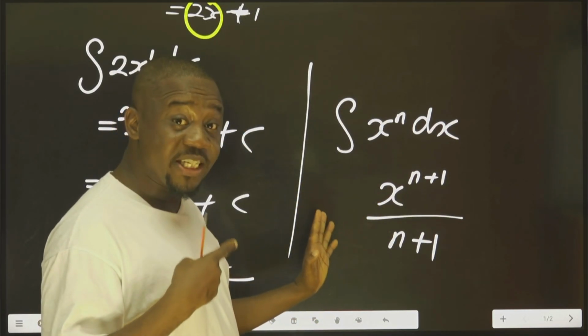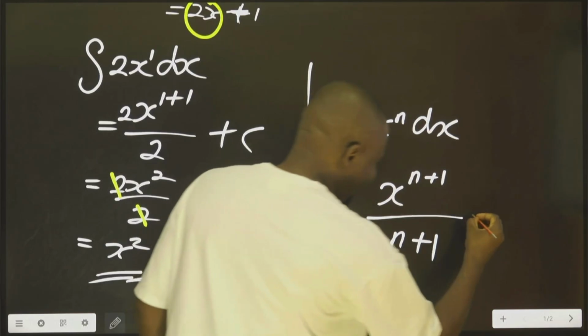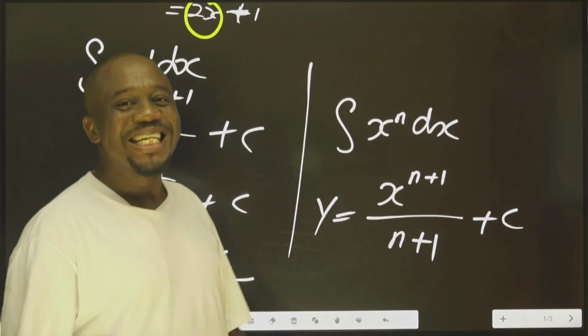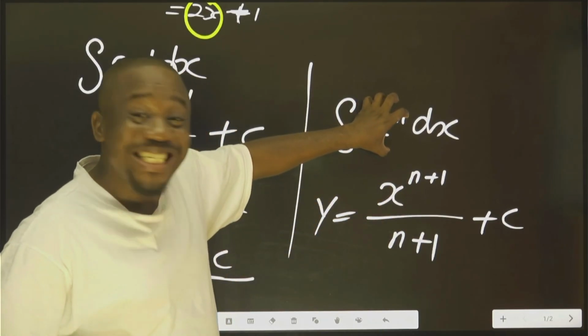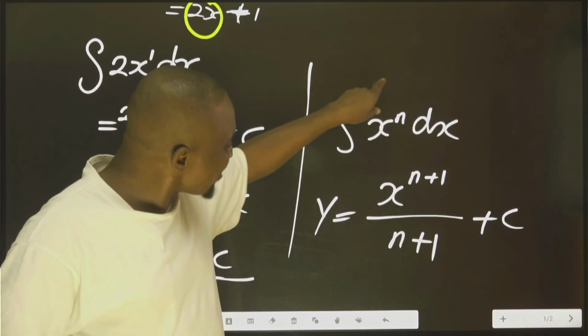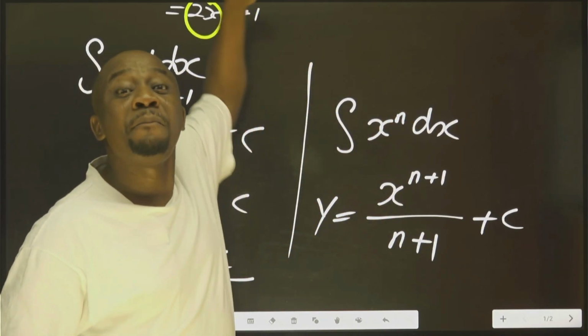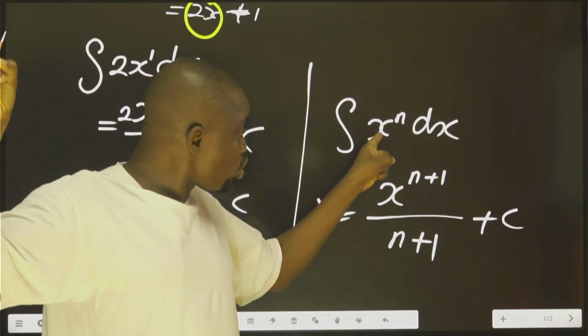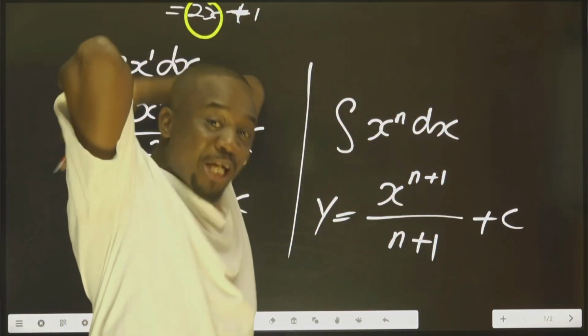Okay? But what is missing now? Don't forget it. So you can say y is equals to this. The dy over dx is equals to what is inside. The dy over dx gave us this. We are now taking it back to y. We differentiated the y that brought us here. Now we are going back to where we are coming from.